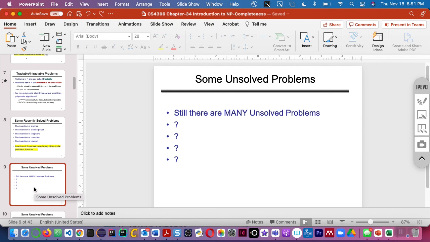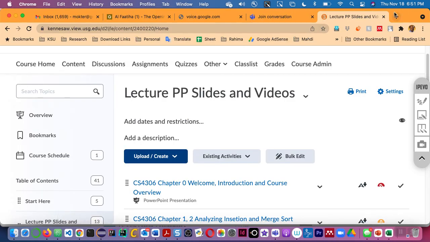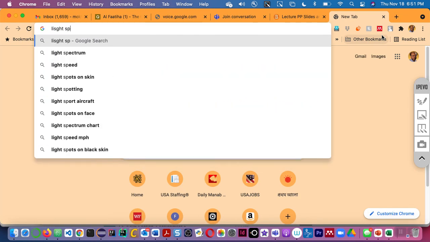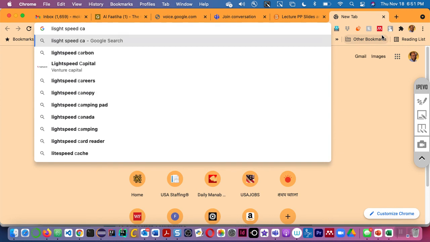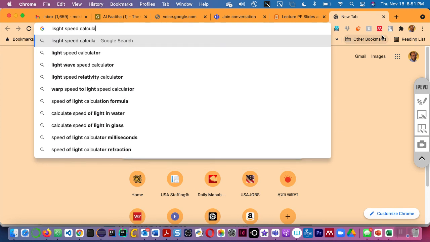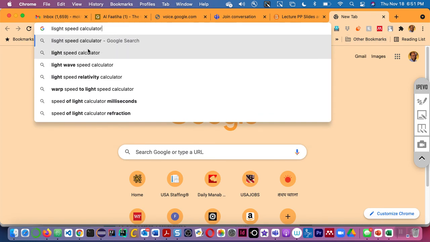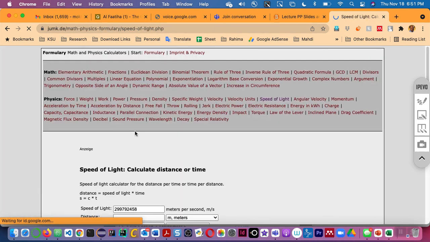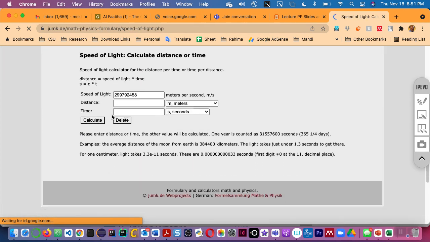So that means maybe a war happened 100 years ago. So that light or event passed 100 times the speed of light. So for instance, let us see, speed of light calculator. Is there any calculator? I don't know. Okay, speed of light is this per second, right?